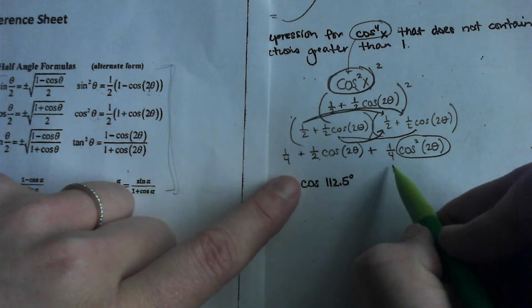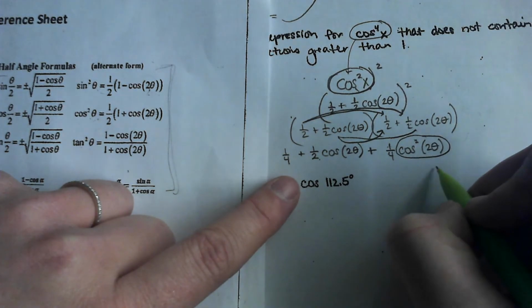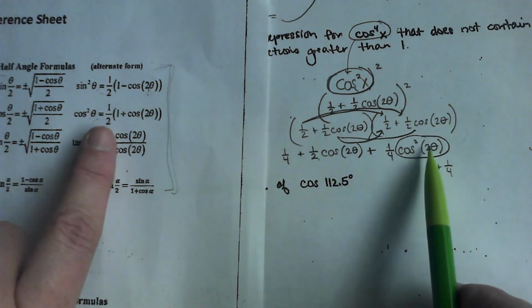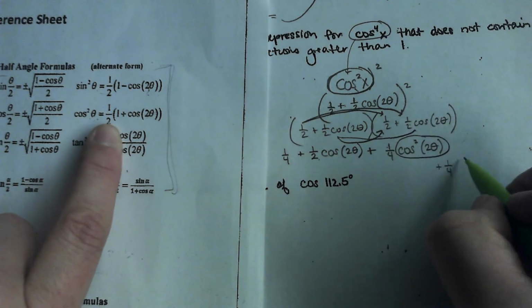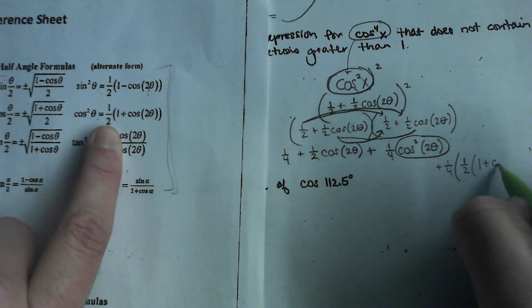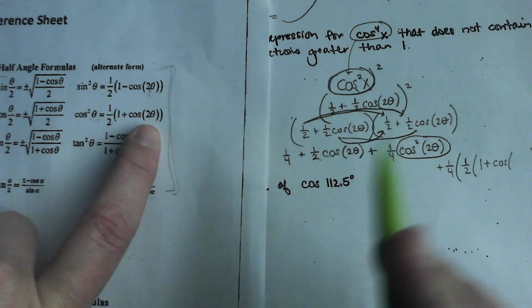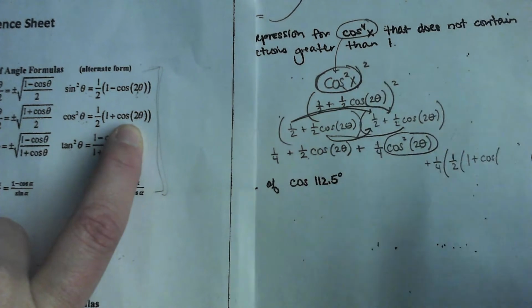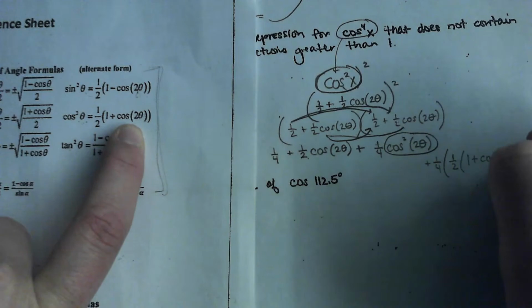So this particular section of it, there's the 1/4, and the cosine squared of my angle is going to become a 1/2 of 1 plus cosine of 2 times the angle I'm dealing with. So 2 times 2 theta is 4 theta.